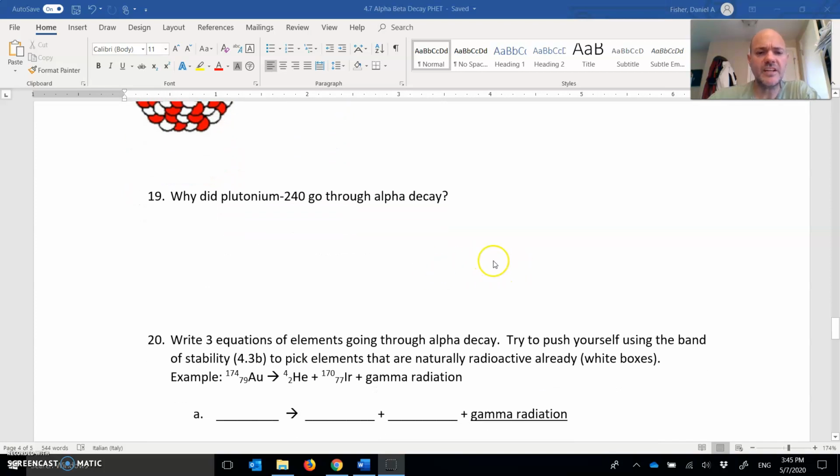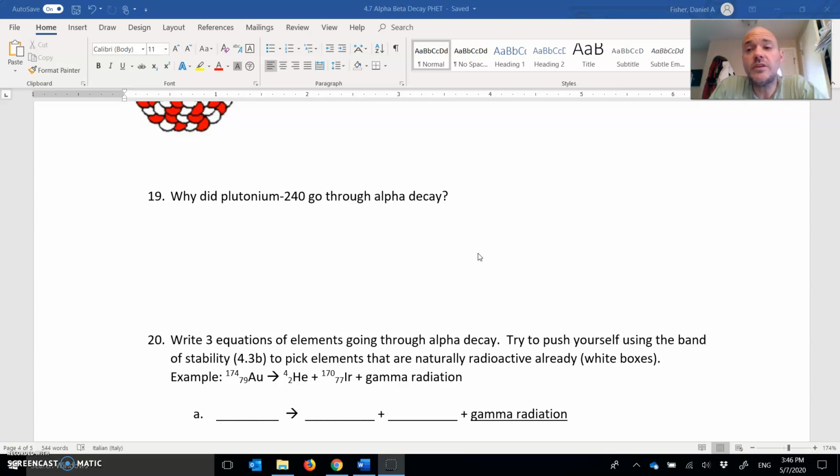For question number 19, and also for the question that mirrors this down in the beta decay problem section, here's what I'm going to ask you to think about. Elements go through decay because they have either too many protons or too many neutrons. You've got to have the balance the correct way for an element to be stable.